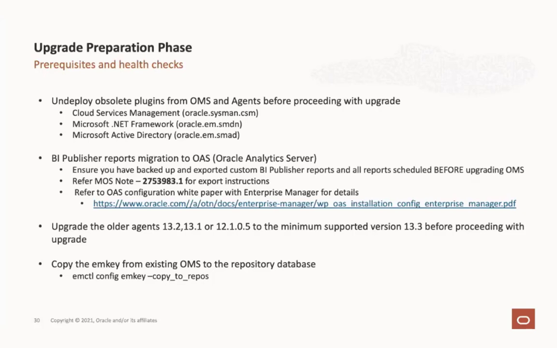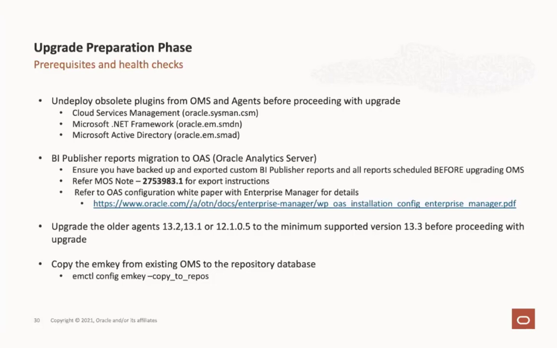But customers would have still been managing those targets with the older version. As part of the upgrade, we will detect if there are any older version agents in the system. That means if we detect that you're running any 12c version or anything less than 13.3, then we block during the upgrade process.